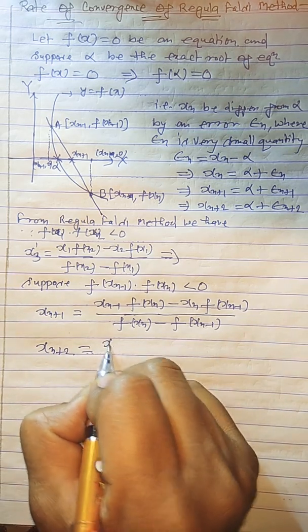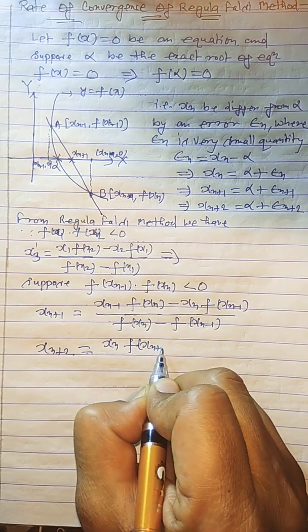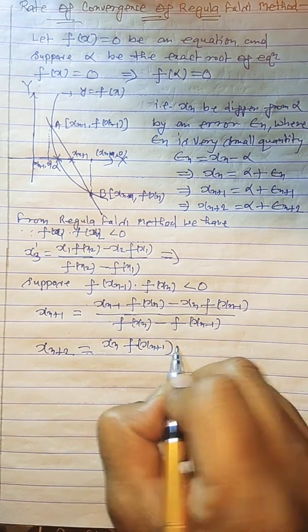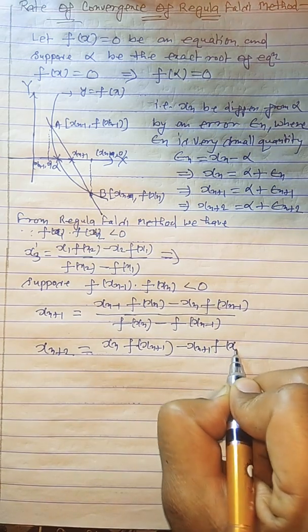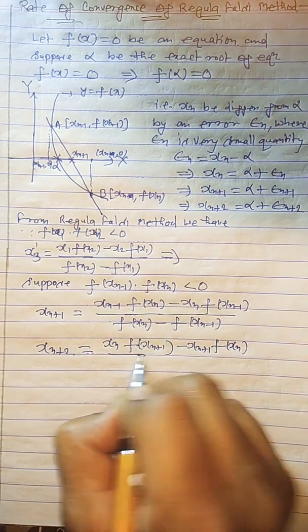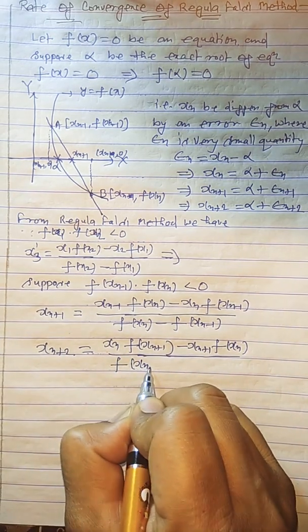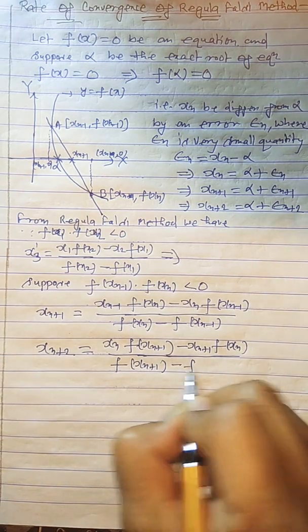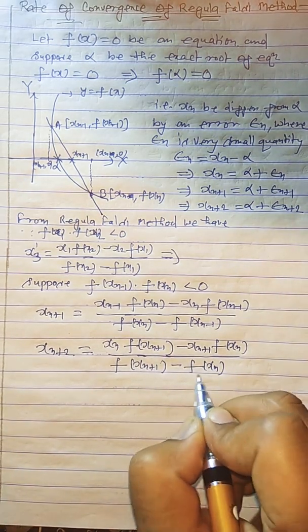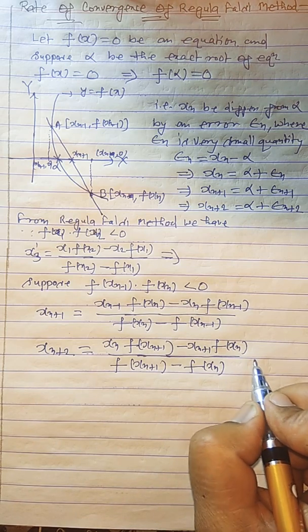We can write x(n+2) = (xn f(x(n+1)) - x(n+1) f(xn)) upon (f(x(n+1)) - f(xn)). Suppose this is equation number 1.